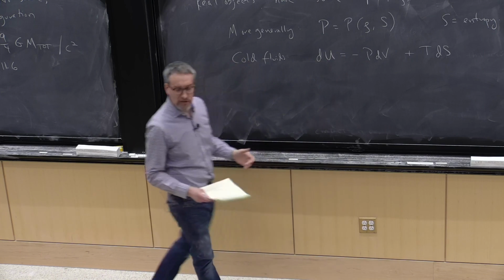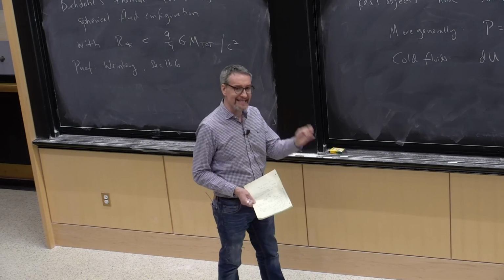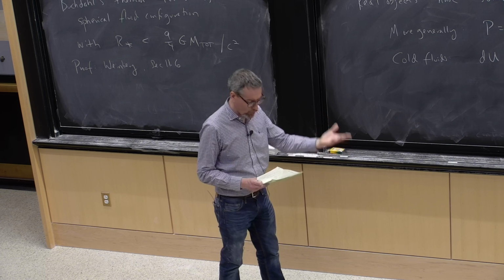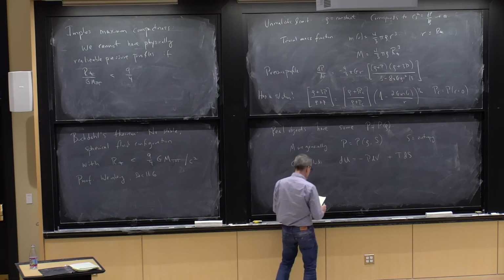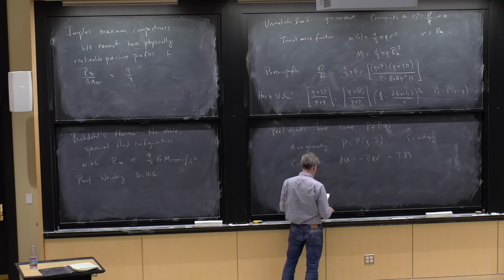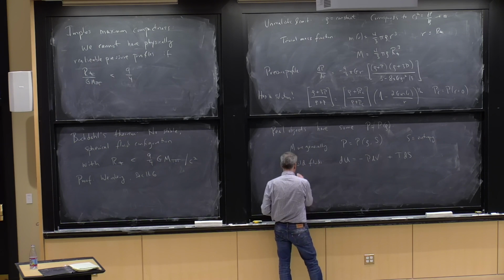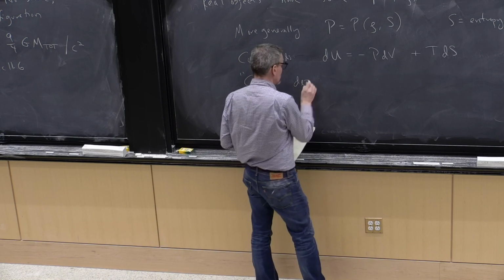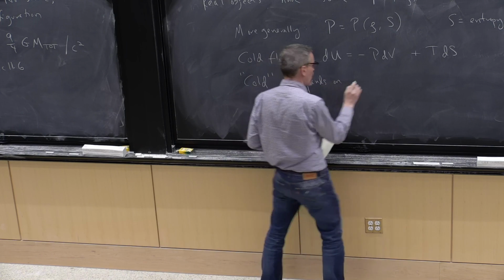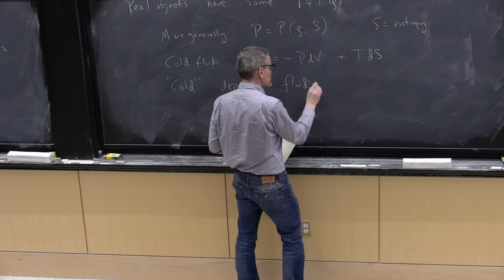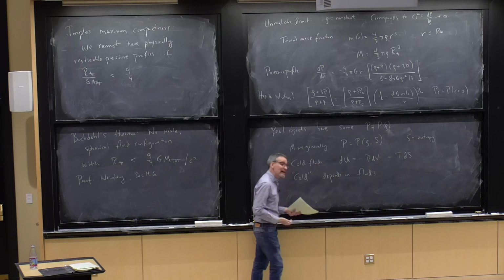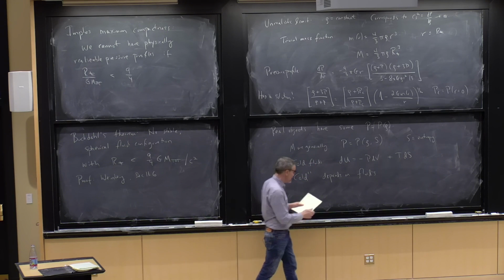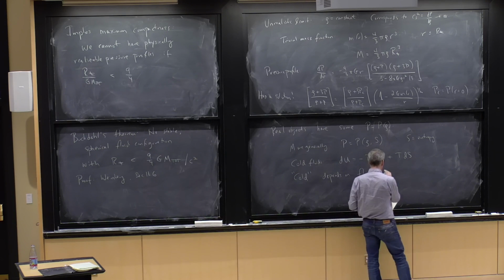But cold is a wiggle word. I have to define a scale to say whether an object is cold or hot. There's a few notes laying this out in my notes, but let me just sketch the key idea. Cold depends on the fluids, and it's worth noting that the kind of fluids we're playing with here tend to be made out of fermions, and so it depends on the fluid's Fermi temperature.